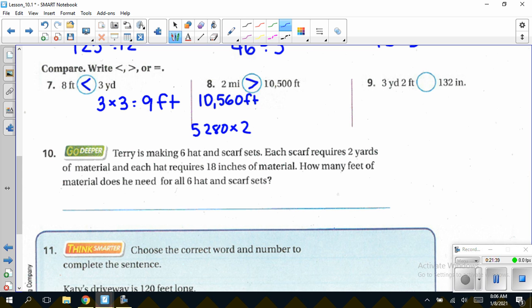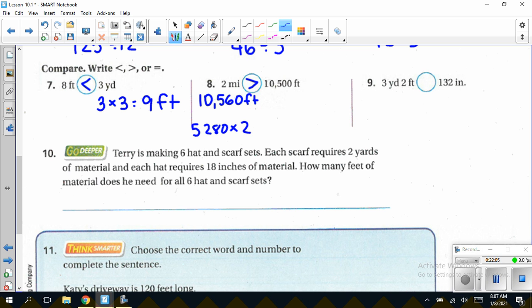Now for number 9, notice that the left side of the circle is 3 yards, 2 feet, and the right side of the circle is 132 inches. So for both of these, you have to make sure you are doing some conversions. I would go ahead and just change the 3 yards, 2 feet into all feet, and then change that into inches.